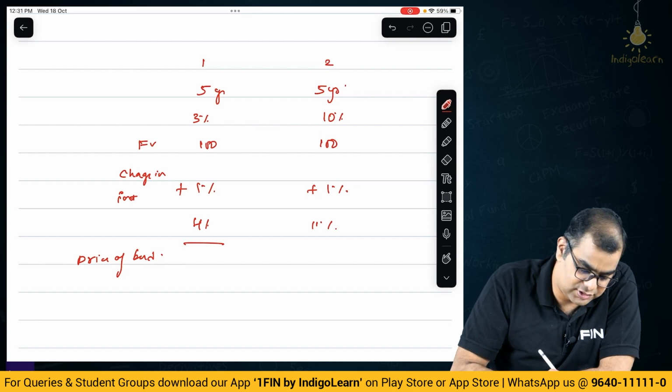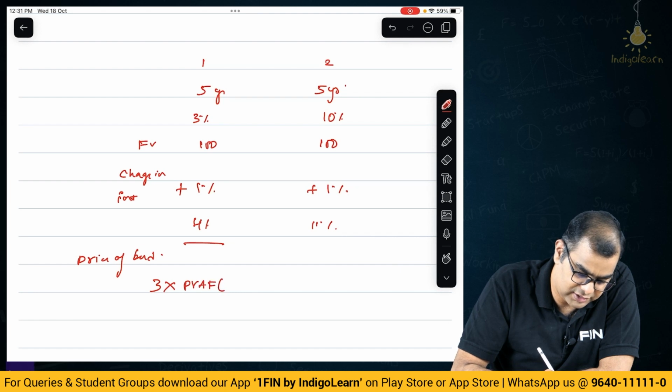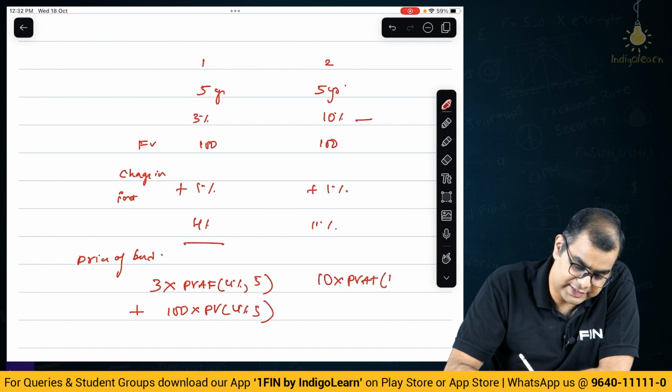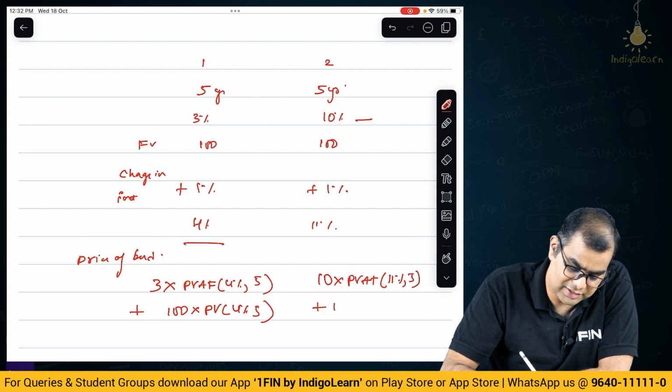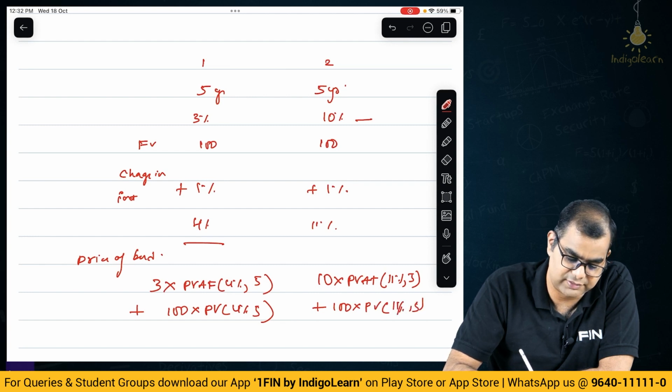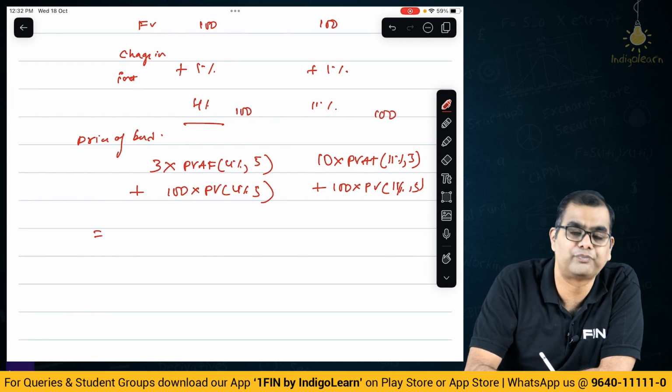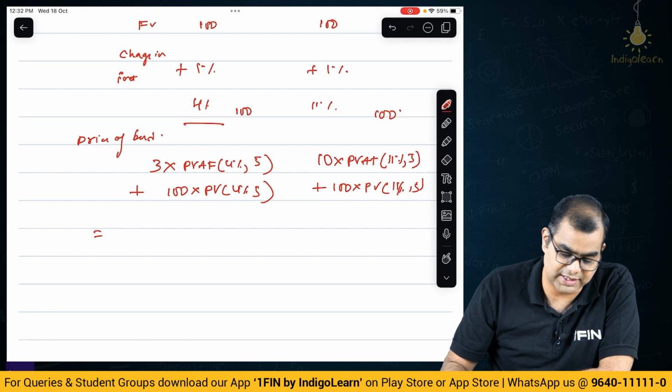You will have 3, which is the coupon, into present value annuity factor at 4% for 5 years, plus 100 into present value at 4% for the 5th year, versus 10 into present value annuity factor at 11% for 5 years, plus 100 into present value at 11% for the 5th year. Now, you see these two, assume initially both of them were priced at the same 100. But after the change in interest rate, what is happening?